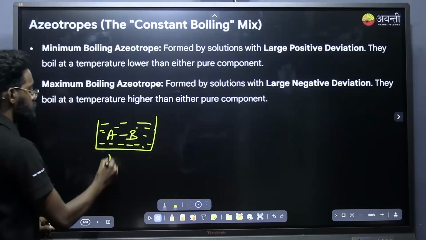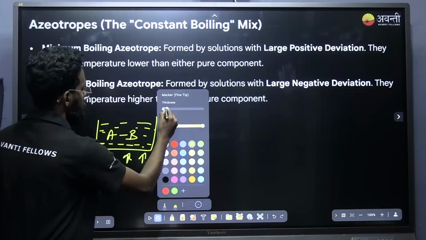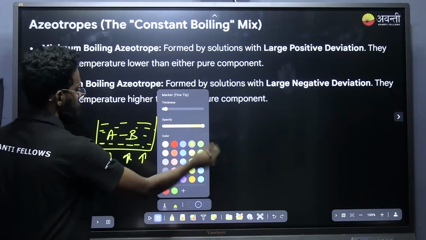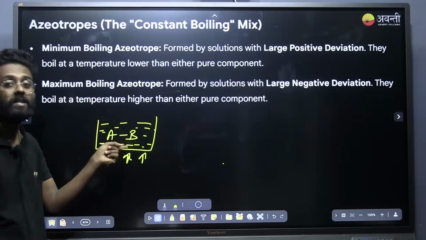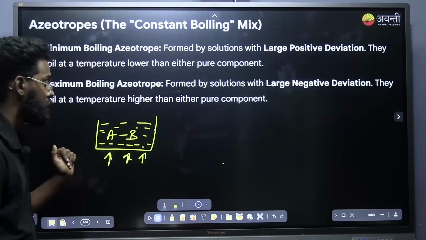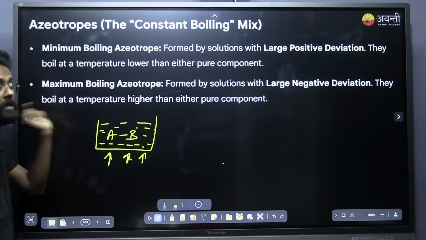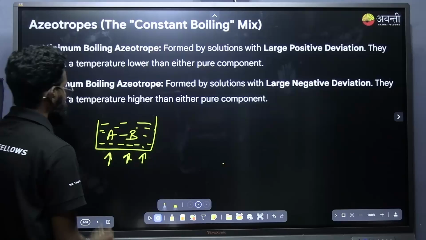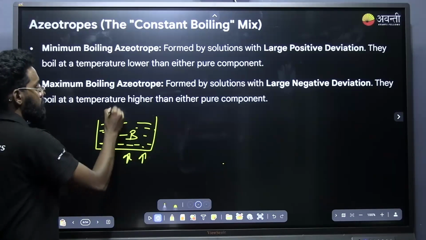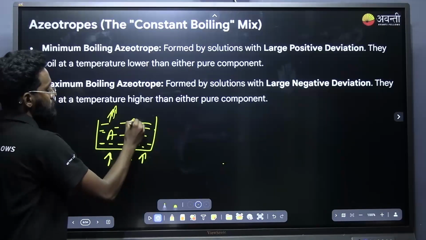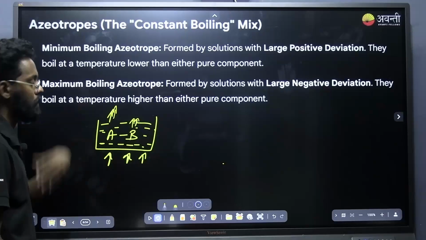Okay, now if I am heating this, what can you see? Depending upon which has the higher boiling point or lower boiling point, the evaporation timing will be different. That is, if A has a lower boiling point, it will evaporate first, and then comes B. That is how the process happens when we are heating.